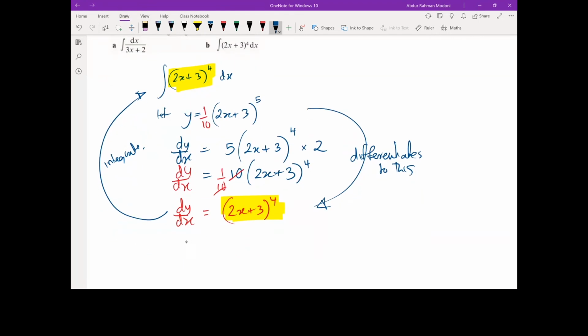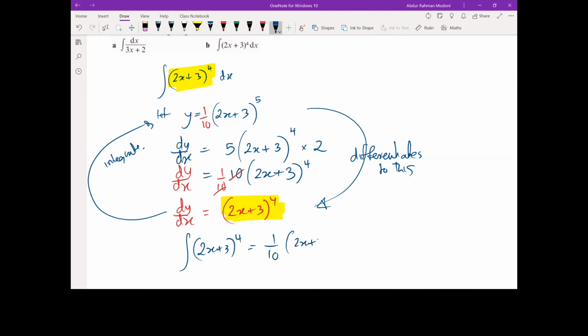So what is the integral of that? The integral of 2x plus 3 to the power of 4 is equal to 1 over 10 times 2x plus 3 to the power of 5 plus c.